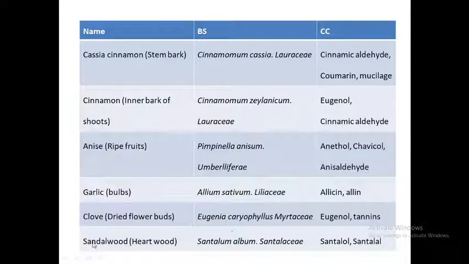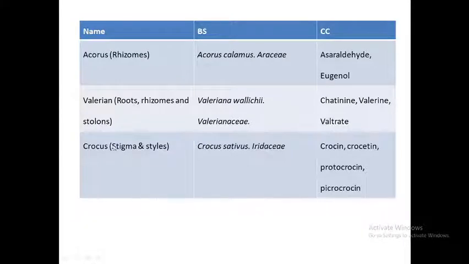Next, the sandalwood. These are the heartwood obtained from Santalum album belonging to family Santalaceae. The major chemical constituents are santalol and santalal. Santalol is an alcohol and santalal is an aldehyde. You can easily remember based on the suffix. Next, the Acorus.